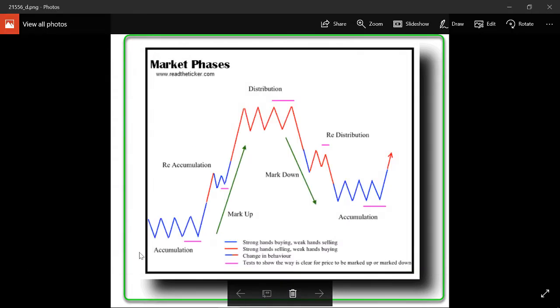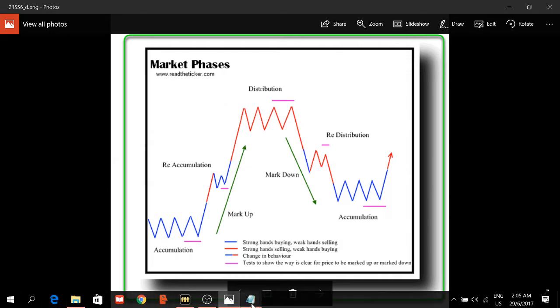Because during this accumulation phase, there is a huge amount of volume for smart money orders and dumb money orders. Smart money orders are being placed for long orders, so they're buying in this phase, expecting or even knowing the price will go up. At the same time, dumb money is being placed for short orders.